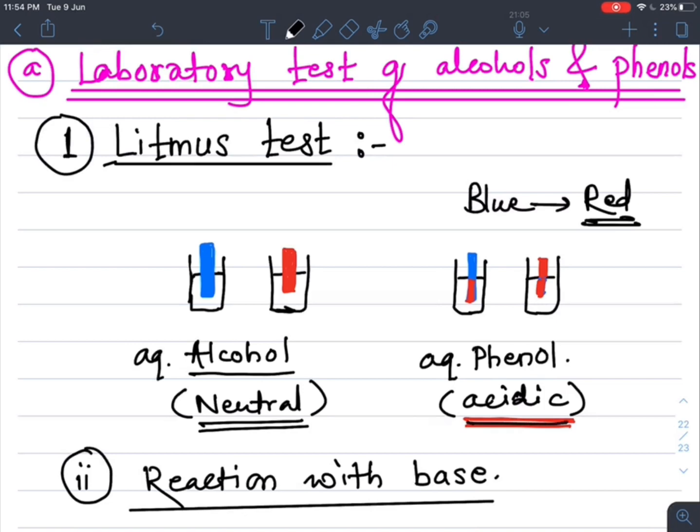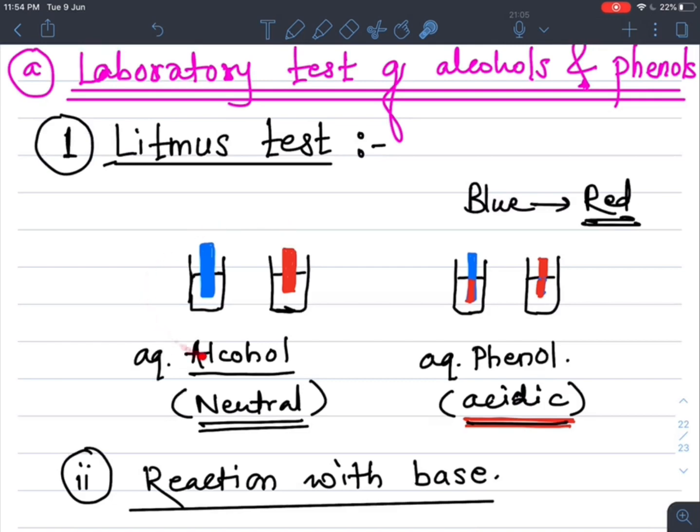So phenols are weakly acidic in nature, and the change in color takes place due to the presence of the acidic nature of this phenol.